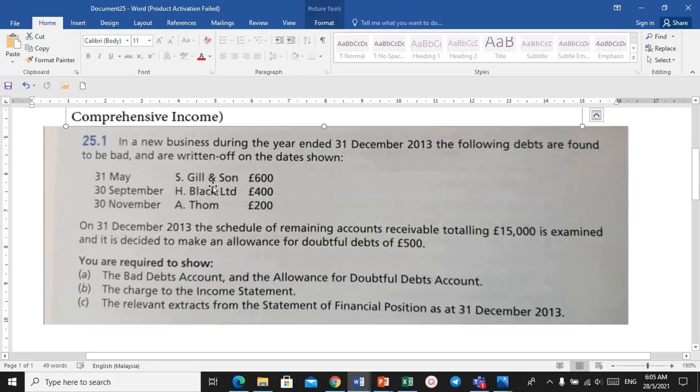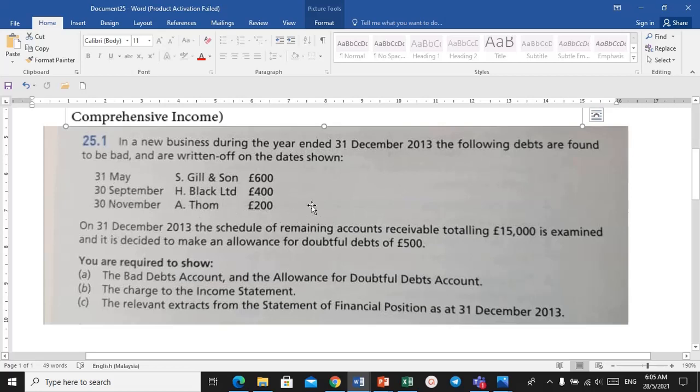So it said here, in a new business during the year ended 31st December 2013, the following debts are found to be bad and are written off on the dates shown. Okay, so what this question is trying to tell us is this company has these three debtors, these three accounts receivable, as bad debts, and the bad debts happen on three different dates.